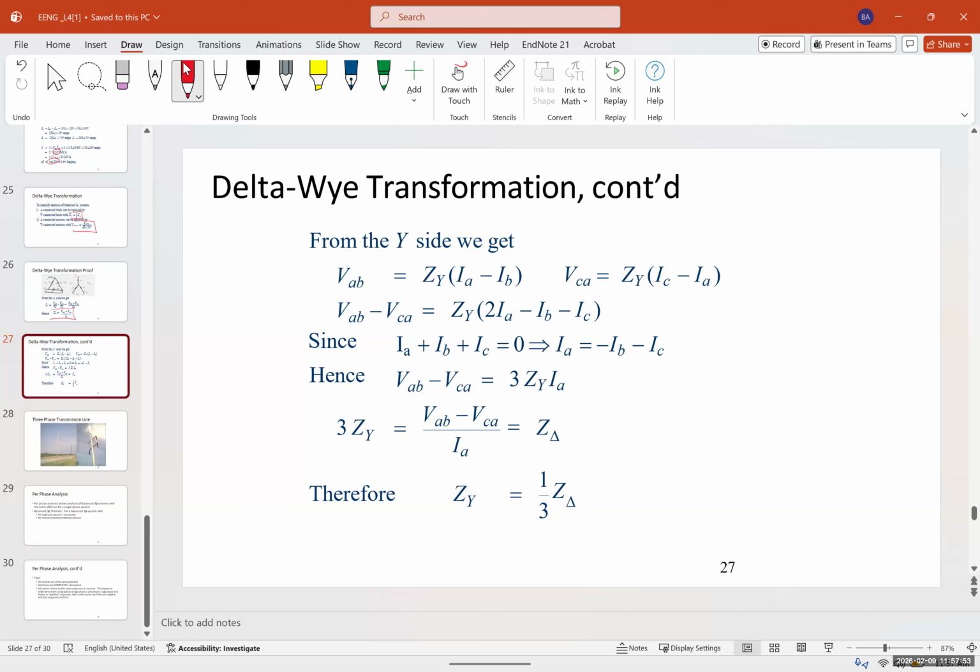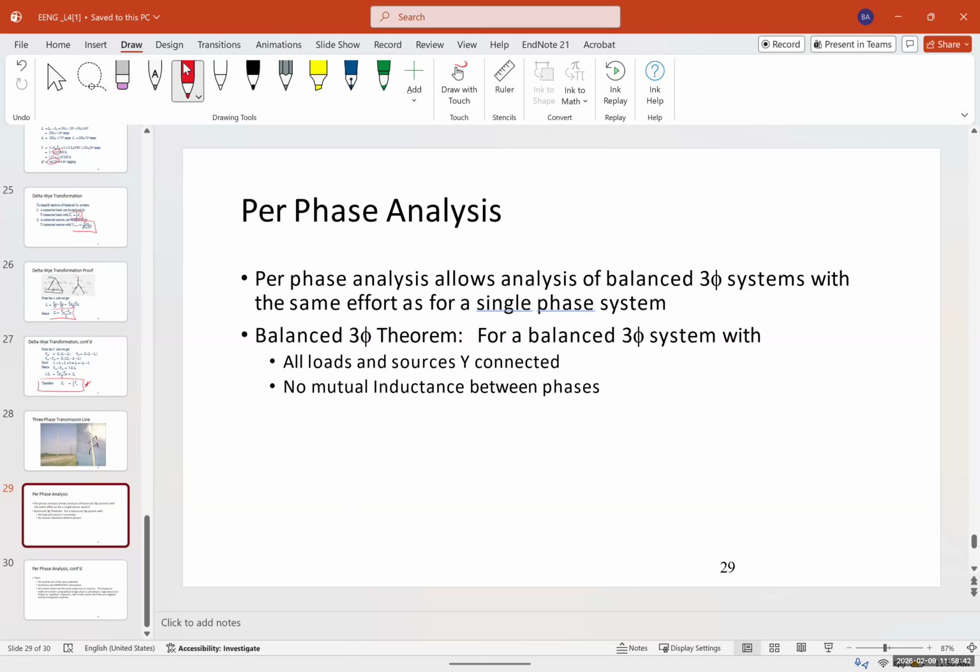Now, to make everything simpler and easier to calculate, we use a different type of analysis. We call it per-phase analysis. Per-phase analysis technically models a three-phase system like a single-phase system. So instead of showing all three phases, you just show one line.